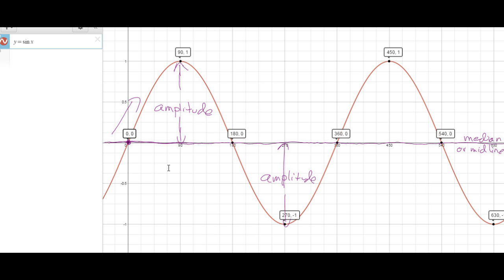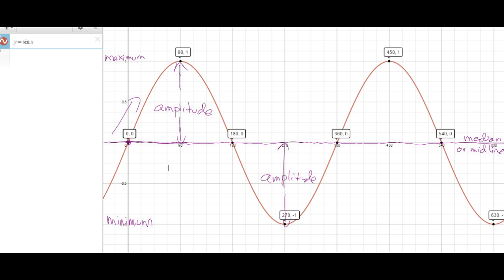It reaches a maximum. From the maximum, it falls back to the median or the midline. From the midline, it goes down to the minimum. If that's the maximum, this is the minimum.